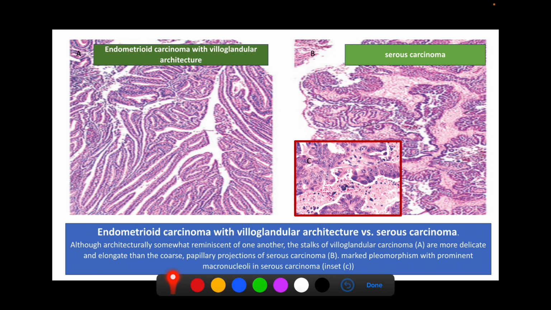So in these comparative sections of endometrial carcinoma, villoglandular architecture and serous carcinoma, we can see these are the papilla having delicate fibrovascular core, whereas here complex papillae are there and in between there is marked pleomorphism and prominent nucleoli. So this is serous carcinoma and this is endometrioid carcinoma with villoglandular architecture.